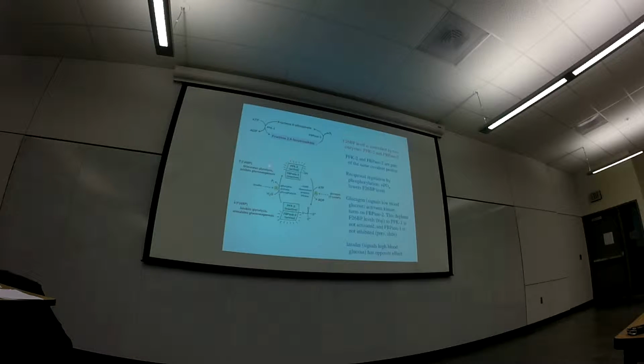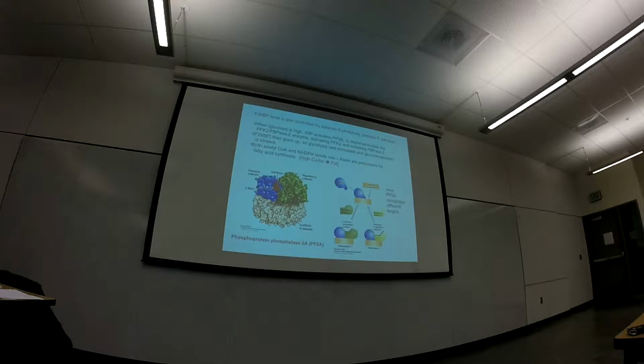Because if PFK2 is active, then we have a lot of this guy, and a lot of this guy means glycolysis goes forward. So we activate that, we inhibit the reverse reaction, the gluconeogenesis reaction. So glycolysis increases, gluconeogenesis goes down.